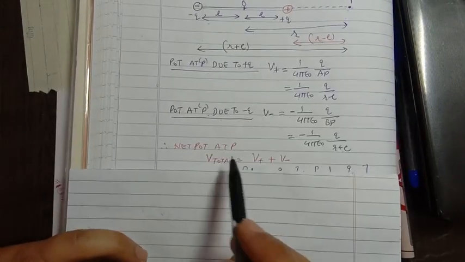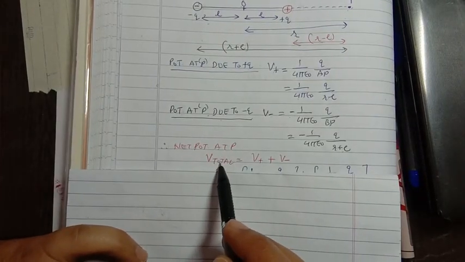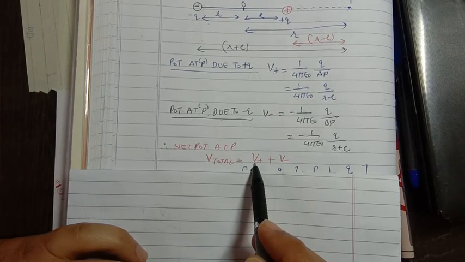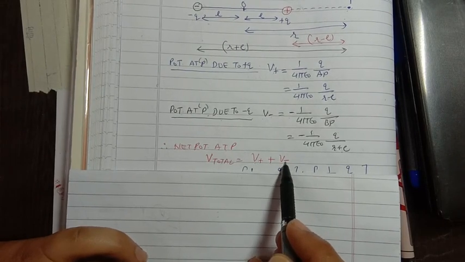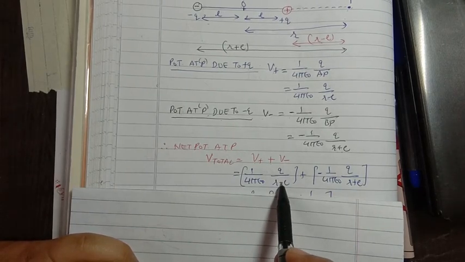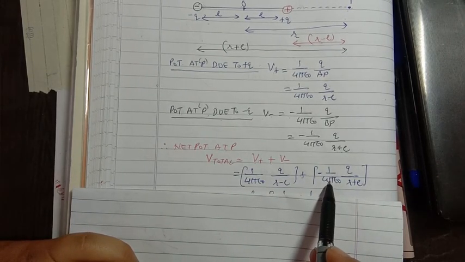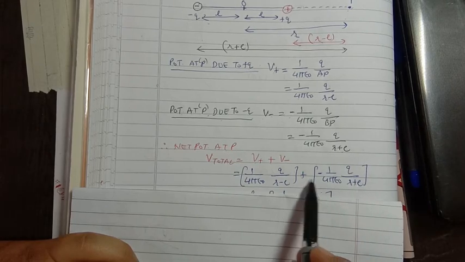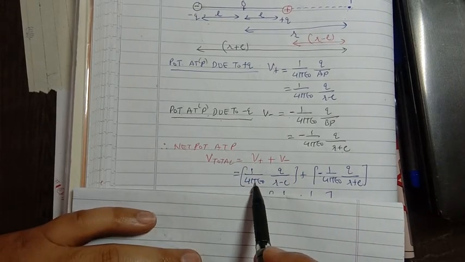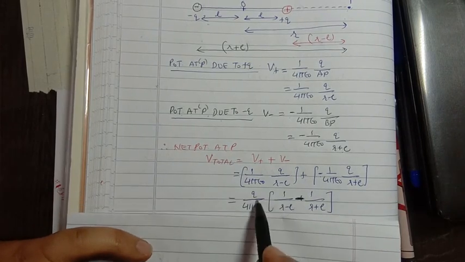So the net potential at the point P will be V total equal to the sum of the potentials due to the positive charge and the negative charge, which is equal to 1 over 4 pi epsilon naught q by r minus L plus 1 over 4 pi epsilon naught q over r plus L with the negative sign. You can clearly see q over 4 pi epsilon naught is a common factor. We can take it outside.